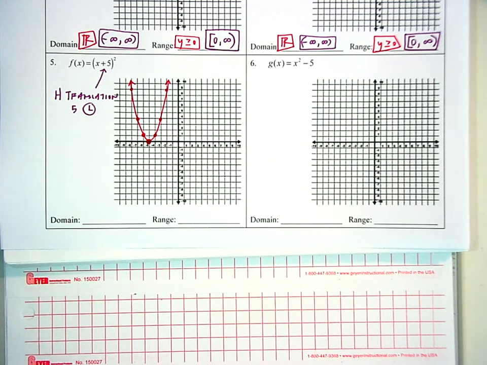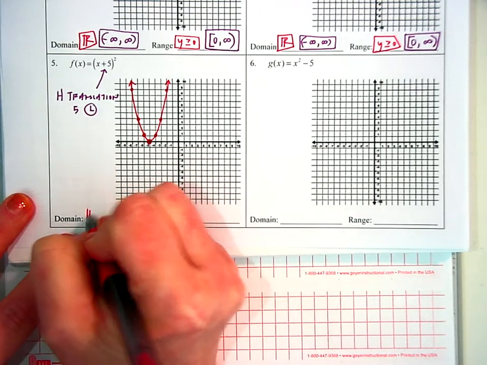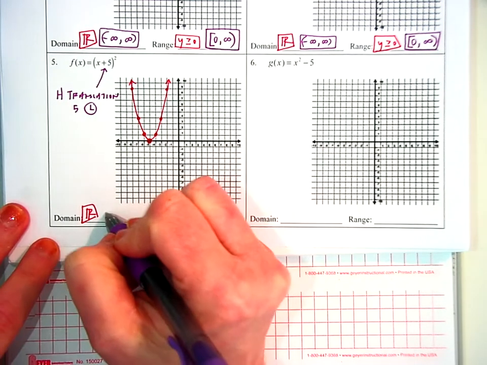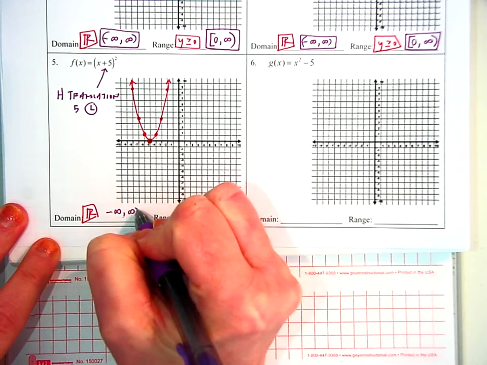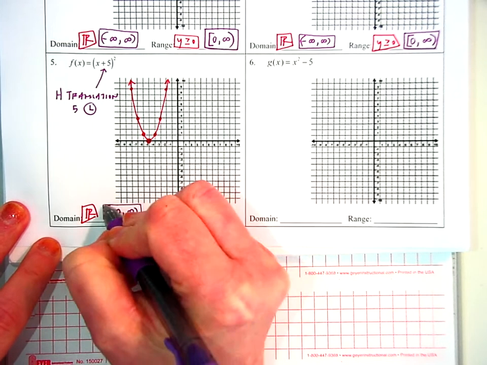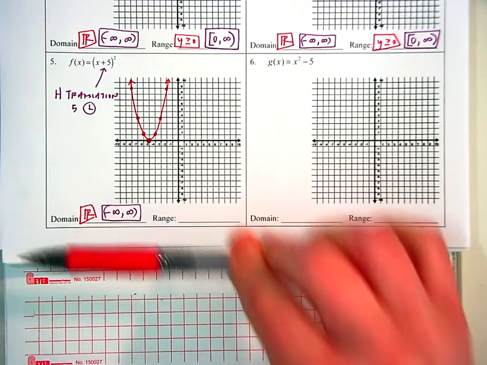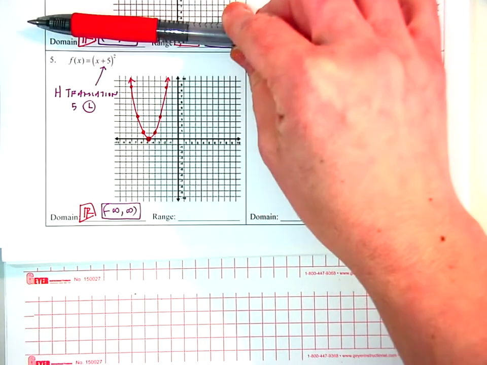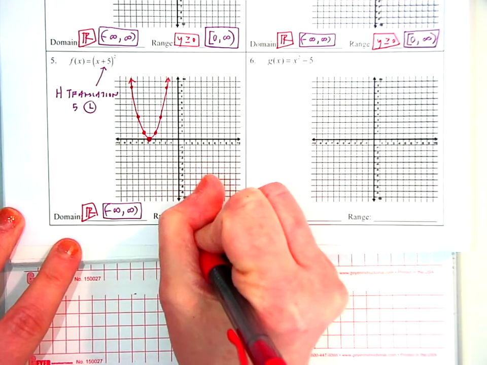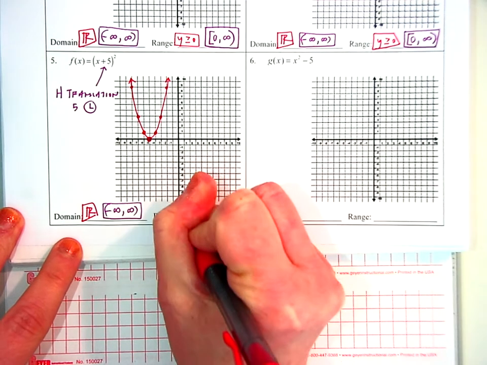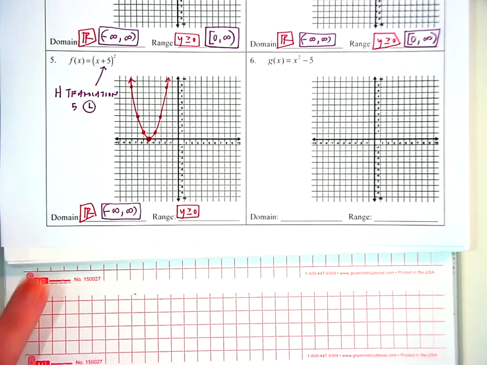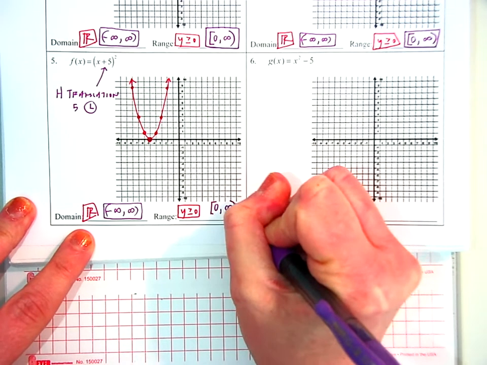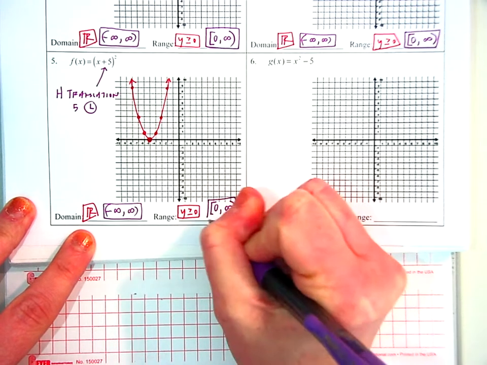It's the same for any quadratic function. All real numbers or negative to positive infinity. Okay, my range, so if I trace it bottom up, here the smallest value is 0 all the way up to infinity. I could write that as y is greater than or equal to 0. Or I can say 0 to infinity, hard bracket on the 0, soft bracket on the infinity.